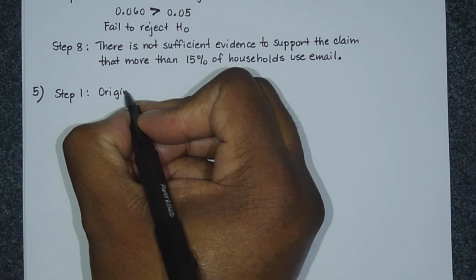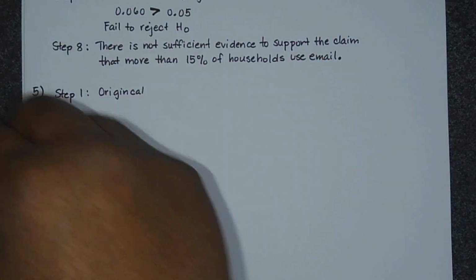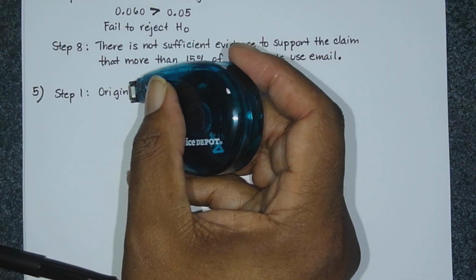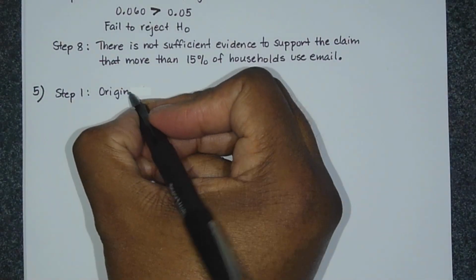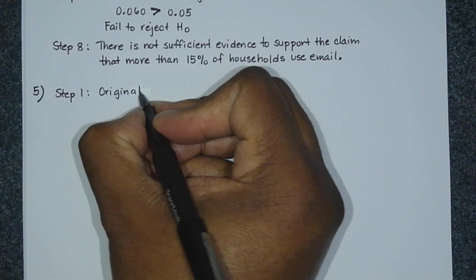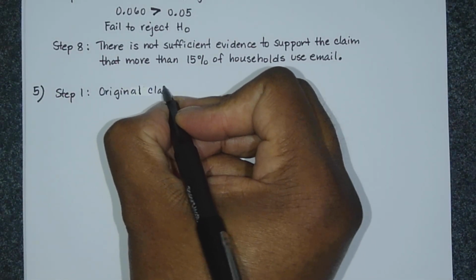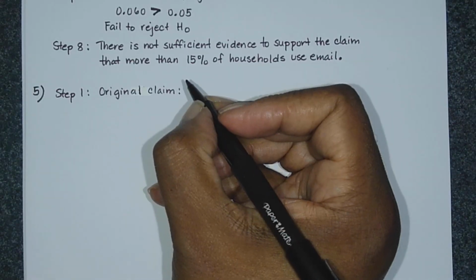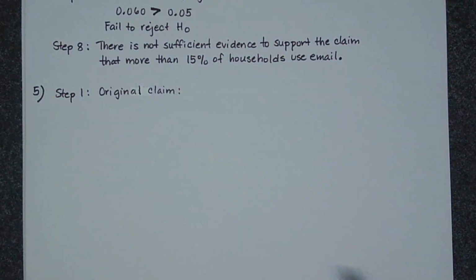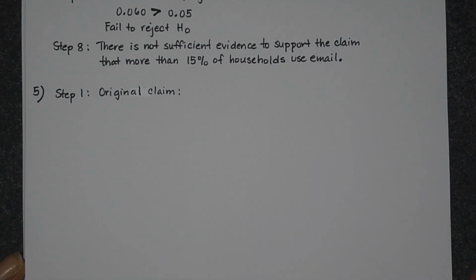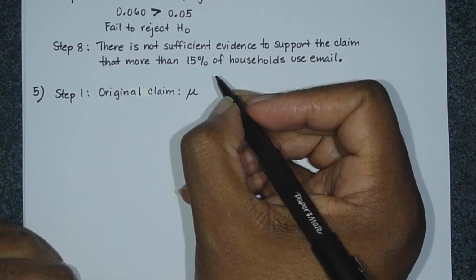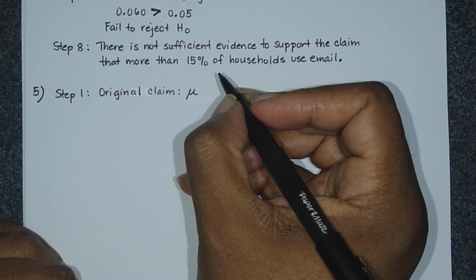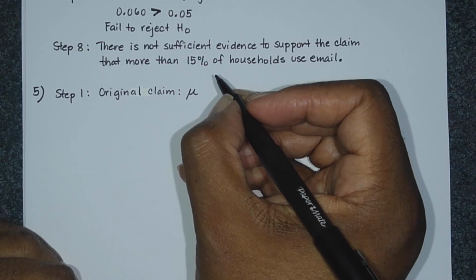So now we're going to write the original claim in symbolic form. Now it does say a mean, so we know we're testing a claim about a mean and not a proportion. So we have to use the Greek letter mu. So what would be that claim?